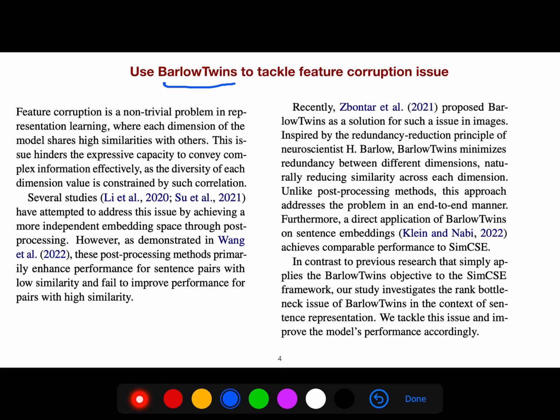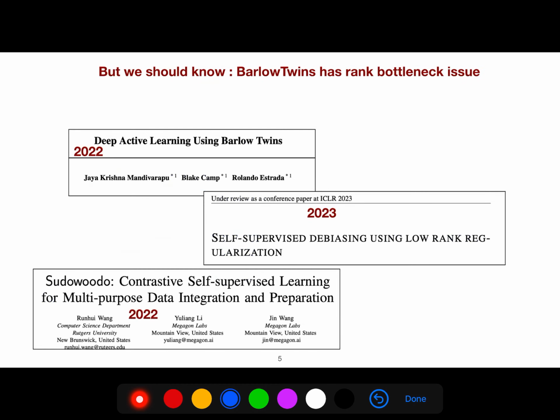This issue hinders the expressive capacity to convey some complex information effectively, as the diversity of each dimension value is constrained by such correlation. So we should know that even Barlow Twins has a rank bottleneck issue, and these are important articles that are talking about this important issue.